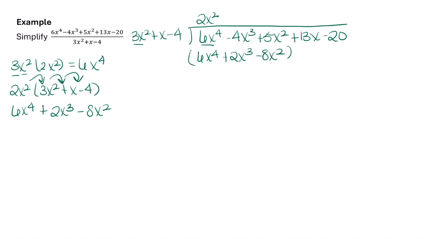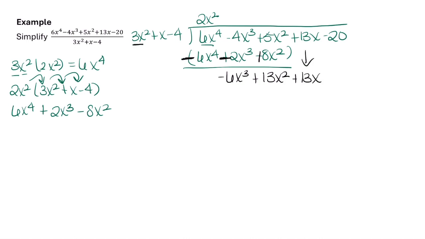And then I go ahead and combine these by subtracting. So I switch this to a minus, and then this becomes a minus, and then this becomes a plus. 6x to the 4th minus 6x to the 4th is 0. Minus 4x cubed minus 2x cubed is minus 6x cubed. 5x squared plus 8x squared is going to become plus 13x squared. And then I go ahead and bring down this plus 13x.